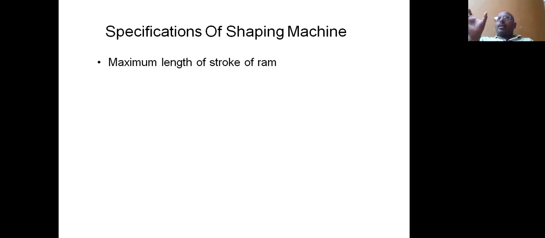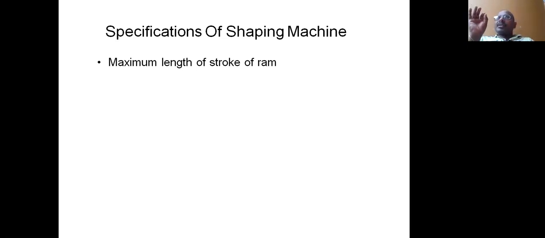But unfortunately, if a shaping machine of maximum stroke length 300 mm is purchased, then that shaper is not at all suitable to produce a flat surface on a job of 400 mm.